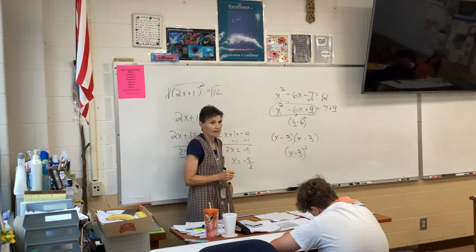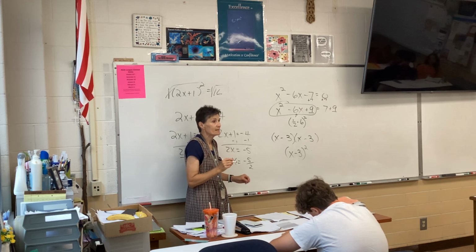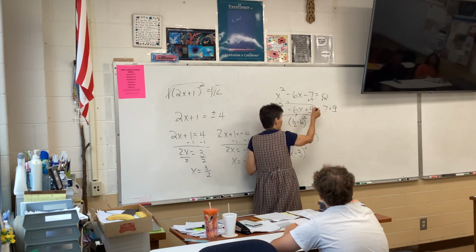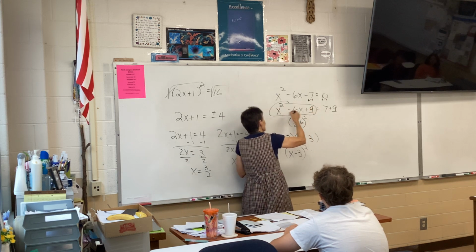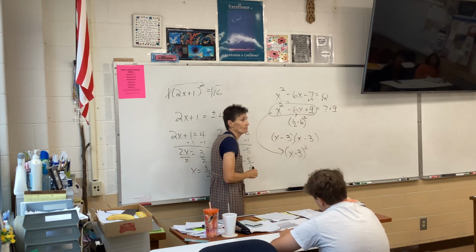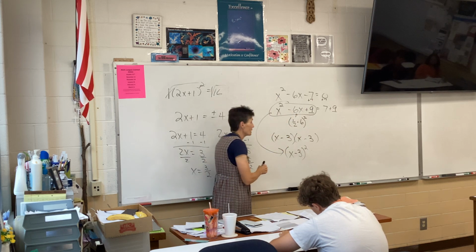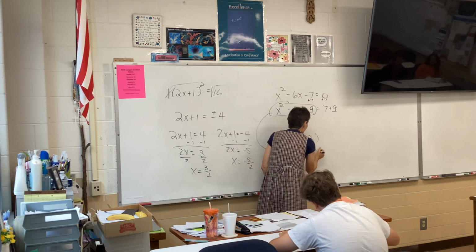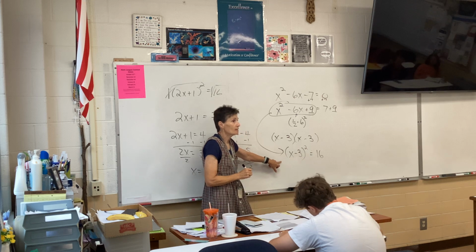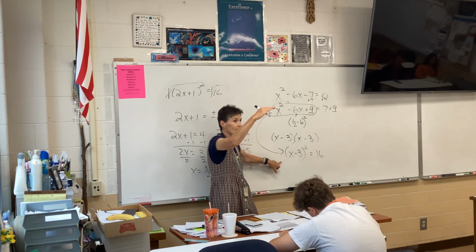This process is called completing the square. You find a number that will make this whole mess a perfect square. Because now I have an equation that looks just like the 4 we did before. Doesn't it?